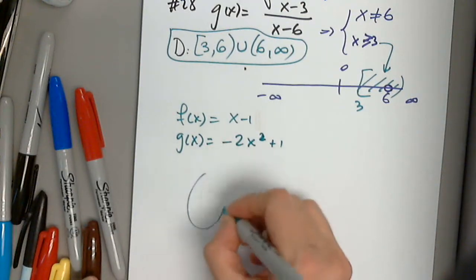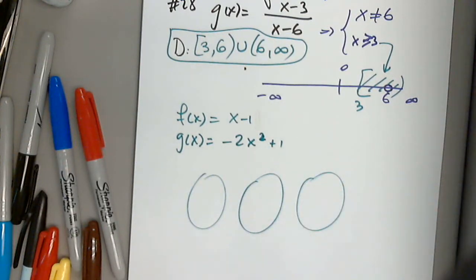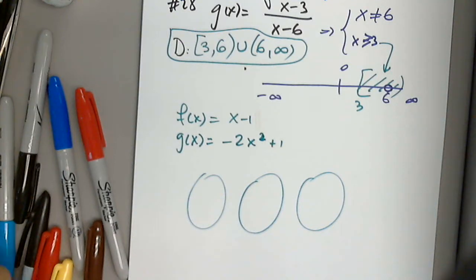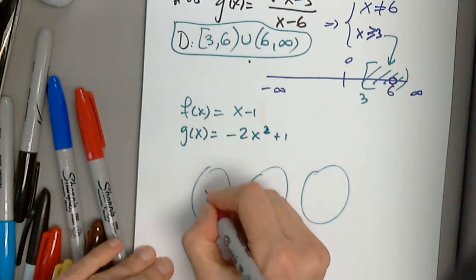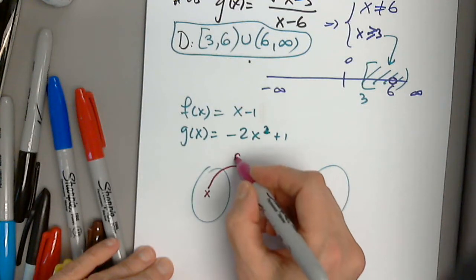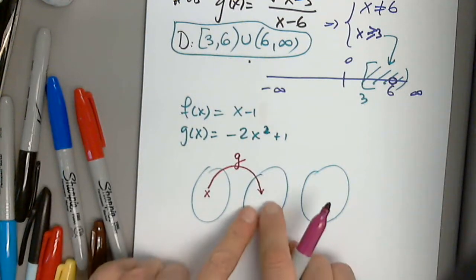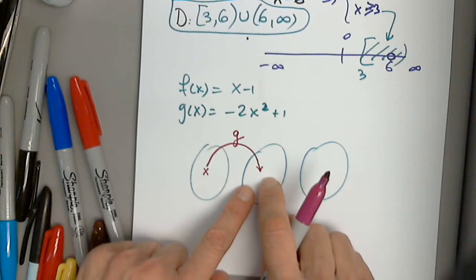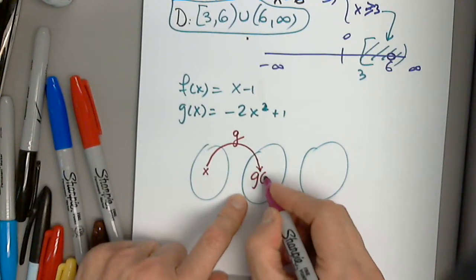And let's look at three bubbles. And let's say I have x here. And I decide to apply g to it. What do I get? G of x, of course.